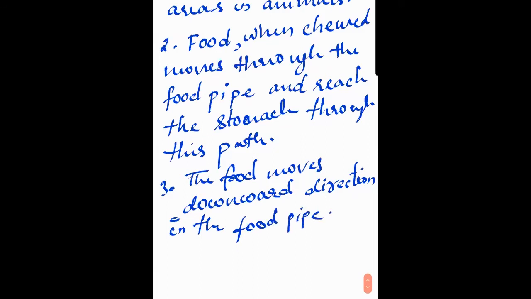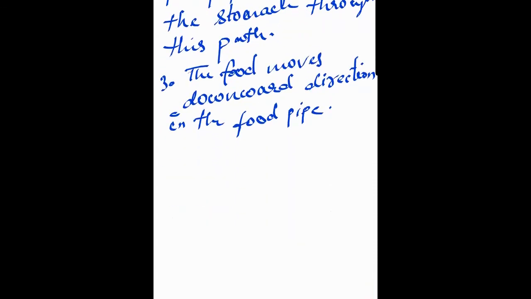See, even if you eat upside down, no. See, that's what pharynx does. After pharynx, it will be divided into two. One is windpipe and one is food pipe. Windpipe will go into a trachea and food pipe will form esophagus, a food pipe, that is esophagus, to the stomach. See, even upside down, if you hang yourself upside down and if you eat, still food will reach into your stomach. In the esophagus, you try to understand by diagram.